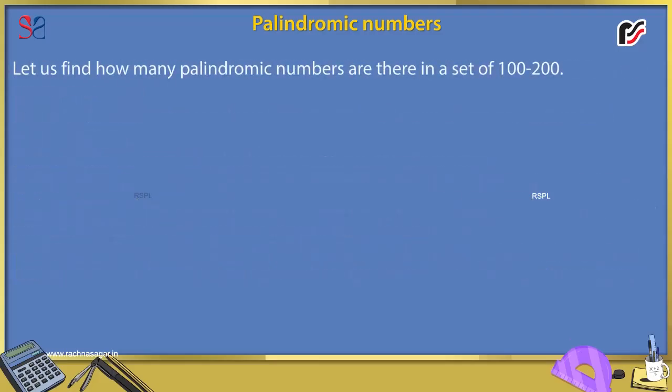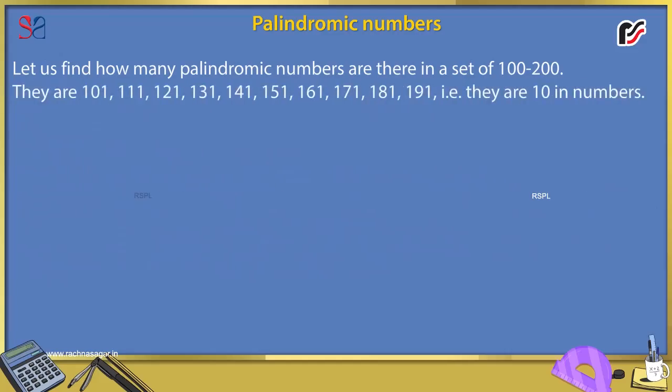Let us find how many palindromic numbers there are in the set of 100 to 200. They are 101, 111, 121, 131, 141, 151, 161, 171, 181, 191. That is, there are 10 of them.